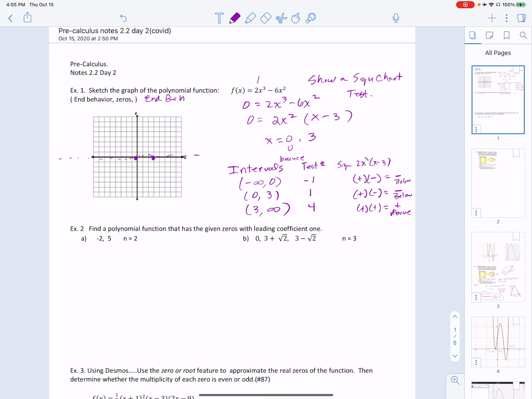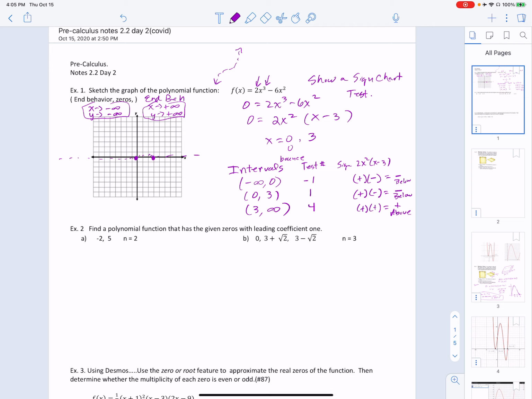this is a positive leading coefficient with an odd exponent, so I expect it to act like x cubed. So as x goes to negative infinity, y is going to negative infinity as well. And as x goes to positive infinity, y is going to positive infinity.